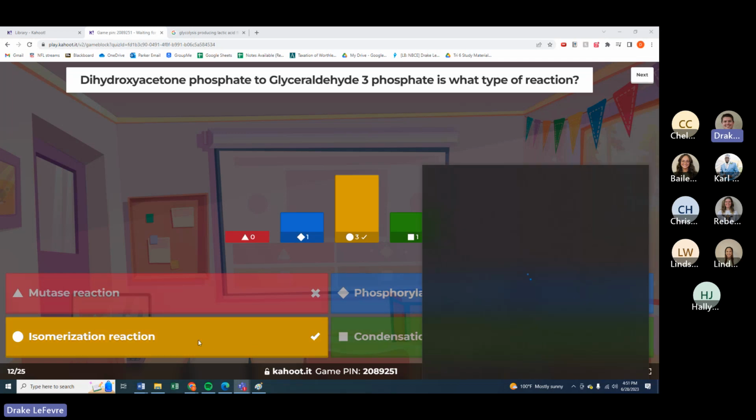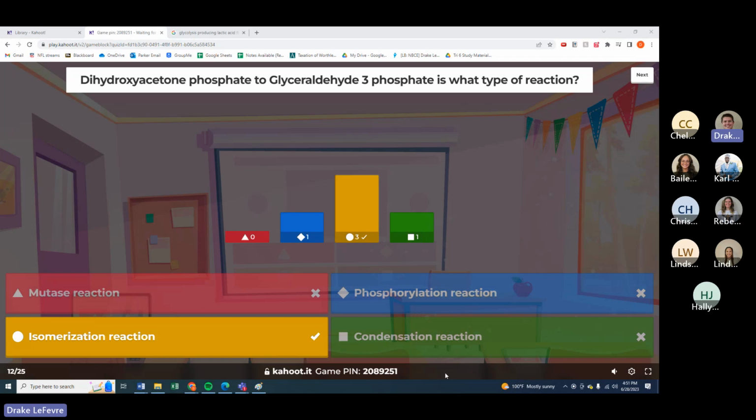So with this, does anybody know what the difference is between an isomerase and a mutase enzyme? What the difference between the two of those is? Like what it does in glycolysis, or its actual definition?